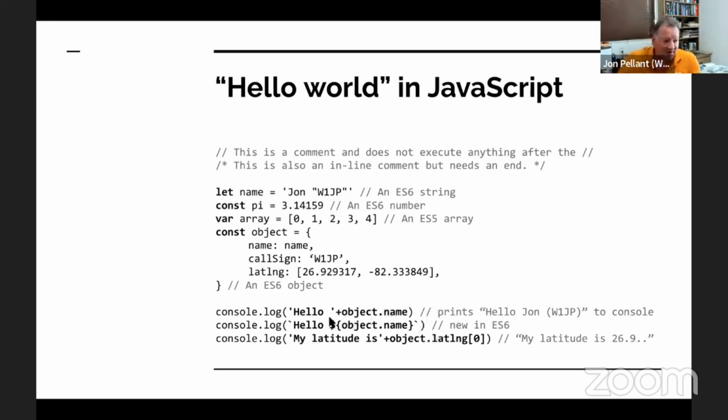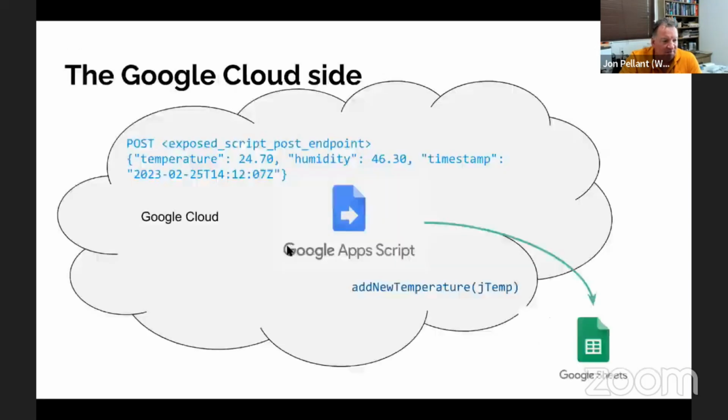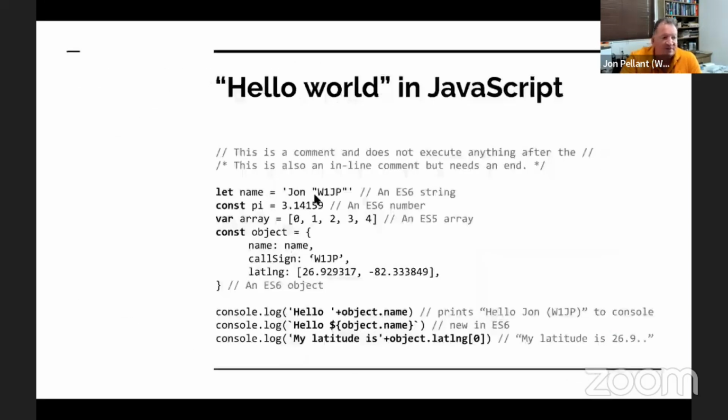There are a couple different ways now to concatenate strings, so you can add them together. So I can say hello plus object name, which in this case is, I guess I don't have my name in here. So in this case, whoops, name is John, right? So in that case, it's going to say hello John, W1JP, because that's what the string contains.